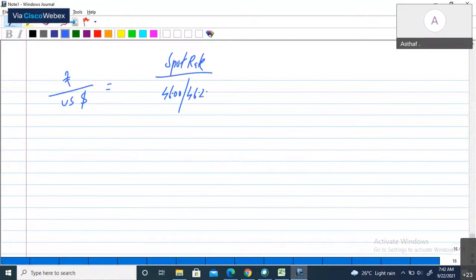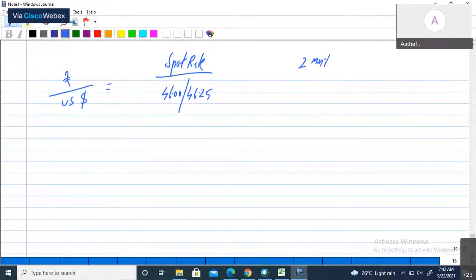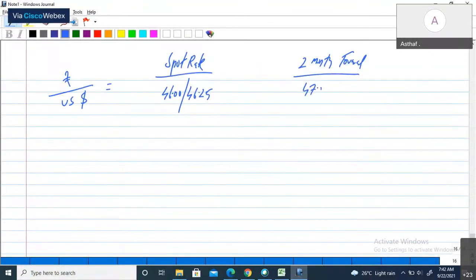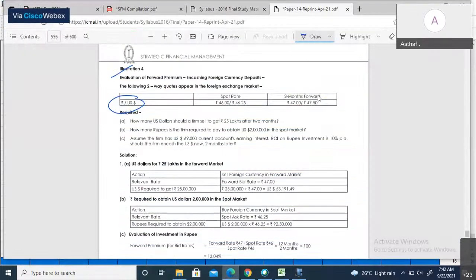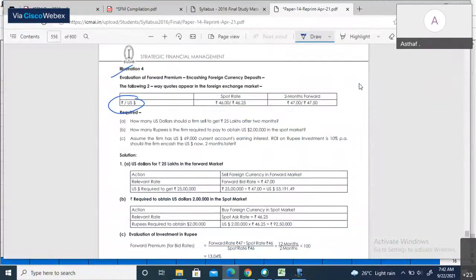For 2 months forward, the rate is 47.5. Now they are asking how many US dollars a firm should pay to get 25 lakh after 2 months.